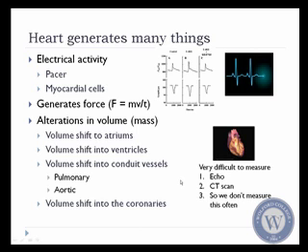We have a very difficult time measuring volume, although that's really what we want to measure most of the time. The only way we can actually measure volume accurately is using echo, specifically 3D echo. We can actually use CT scans, unless you're using very specialized software to be able to pick up a cardiac event in between beats.